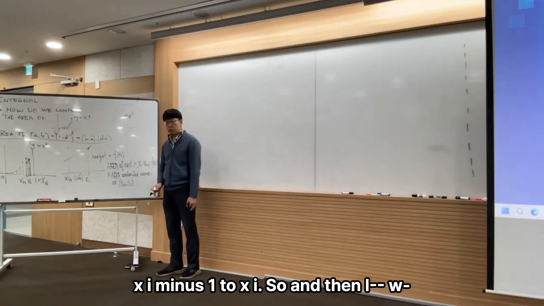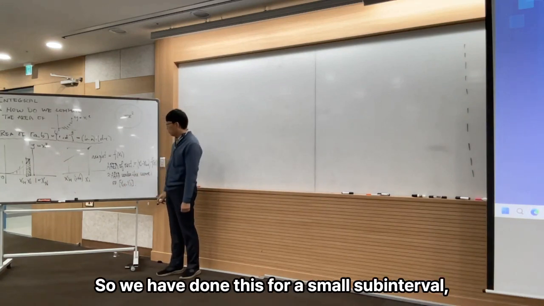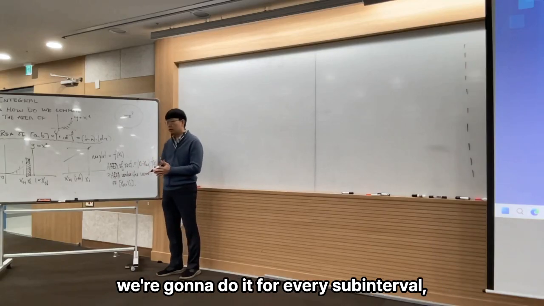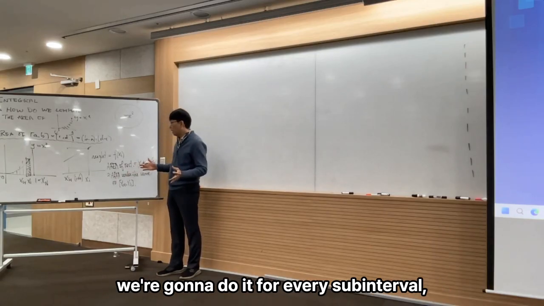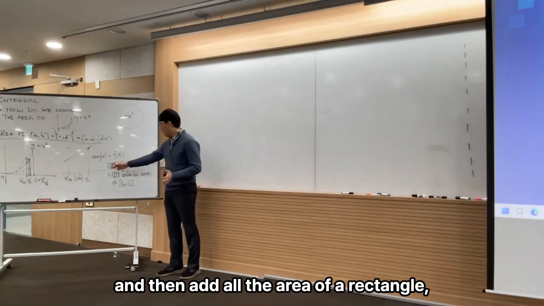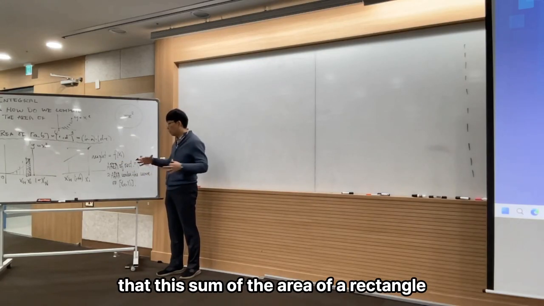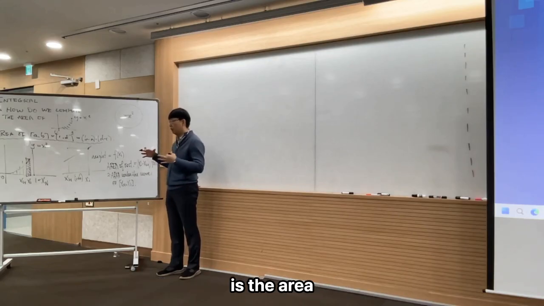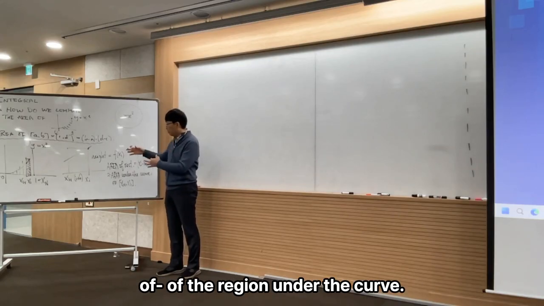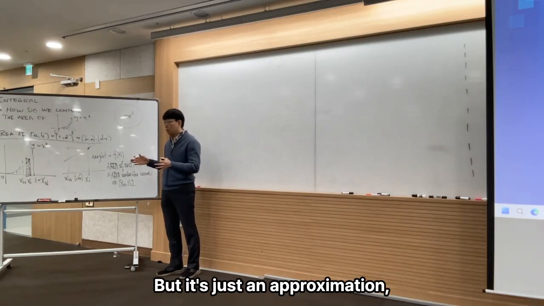So what do we do? We have done this for a small subinterval. We're going to do it for every subinterval, and then add all the areas of the rectangles, and then approximately say that this sum of the areas of the rectangles is the area of the region under the curve. But it's just an approximation.